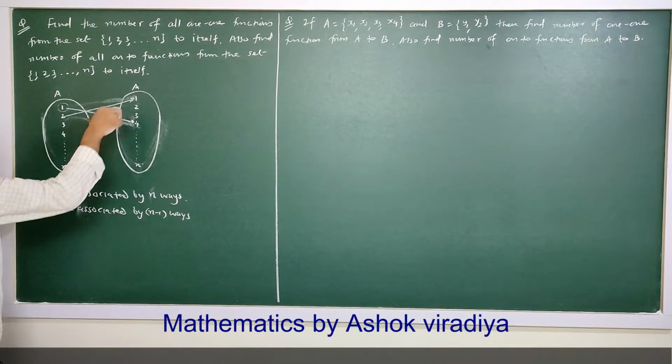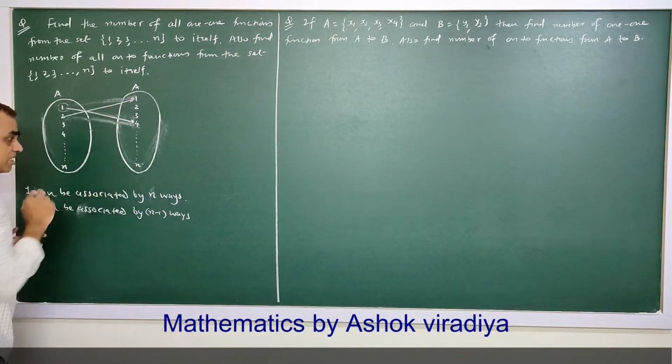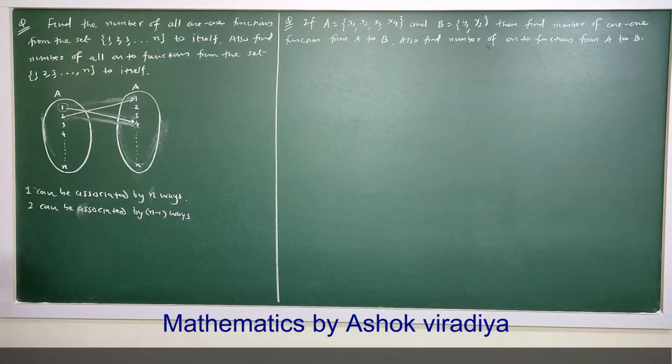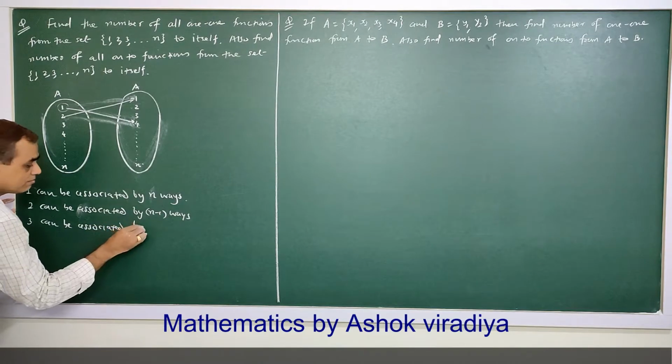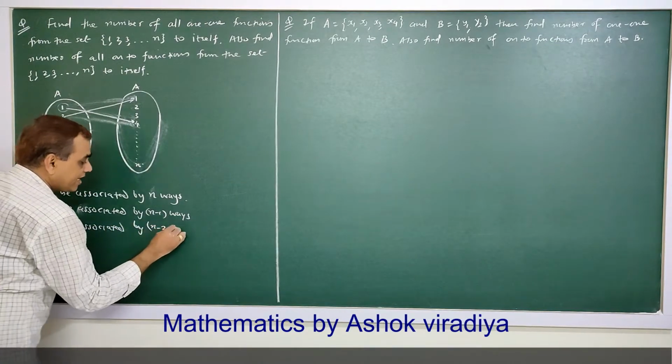So 3 can be joined with any number from these remaining n minus 2 numbers. So 3 can be associated in n minus 2 ways.